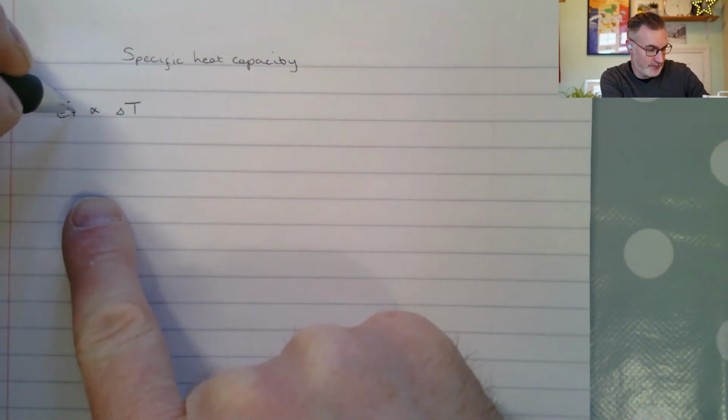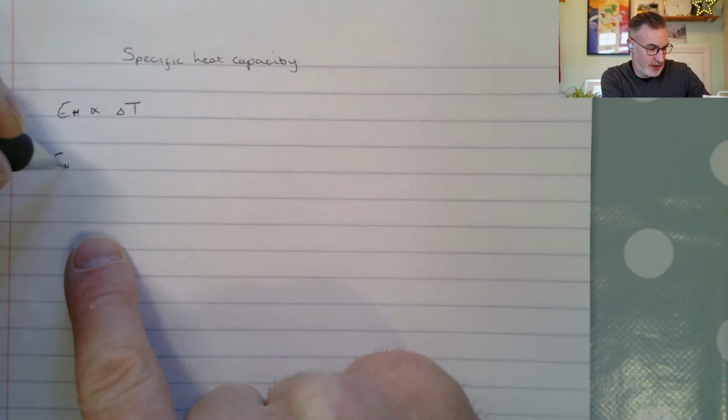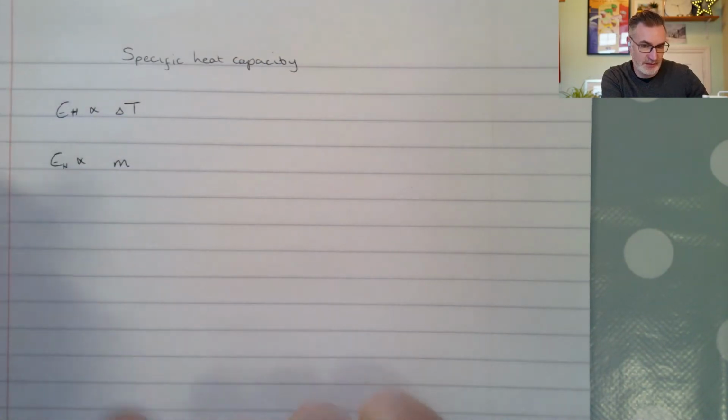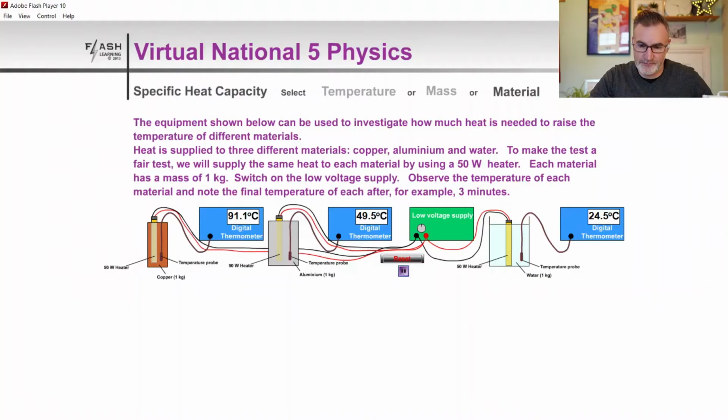We also, sorry, that's not ET, it's EH. We have heat energy is directly proportional to the mass of the substance. And now we have this thing that the type of material affects what we're doing.